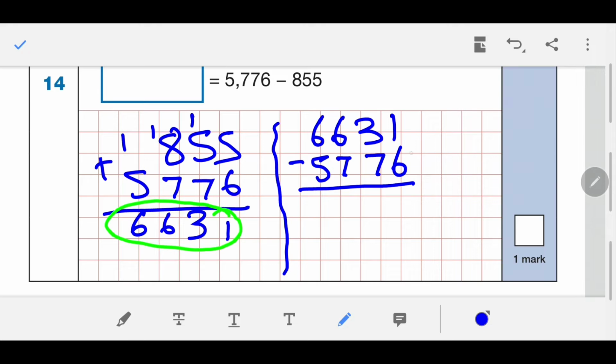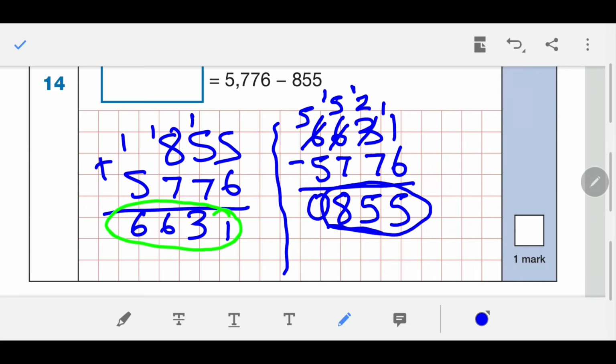So 1 minus 6 is not possible, so we carry across from the 3, which gives us 2 there and 1 here. 11 minus the 6 gives us 5. 2 subtract 7 is not possible, so again we're going to carry across from here, so that's 5, and this becomes 12. 12 subtract 7 is going to give us an answer of 5. Moving on, 5 subtract 7 is not possible, so we borrow from here, that's 5. This becomes 15. So 15 subtract 7 gives us 8, and 5 subtract 5 gives us an answer of 0. So our final answer is 855.